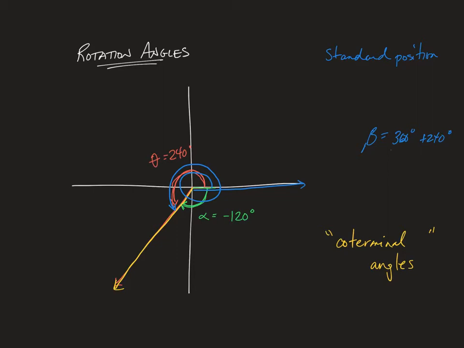So my full rotation plus another 240 degrees gets me an angle of 600 degrees. Beta would then have me rotating 600 degrees. It would be coterminal with the other two angles. Any angles that have your terminal arm lie in the same position are referred to as coterminal angles.